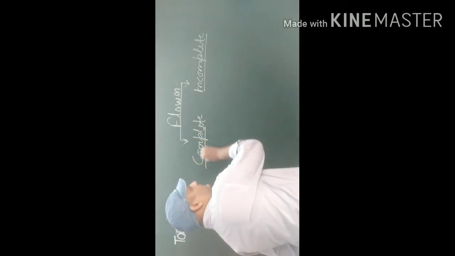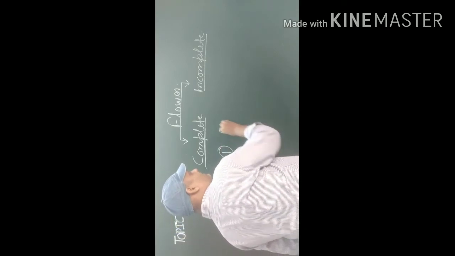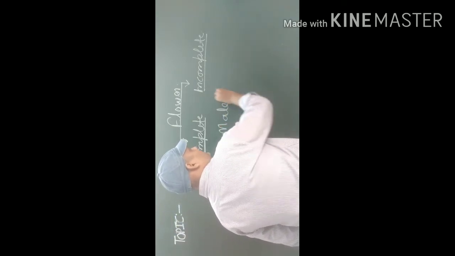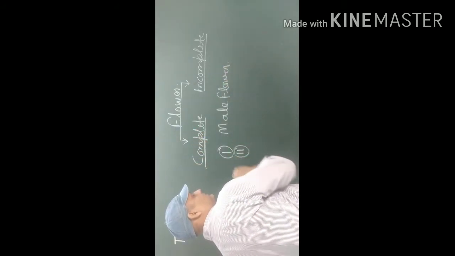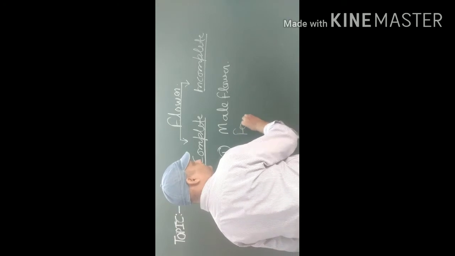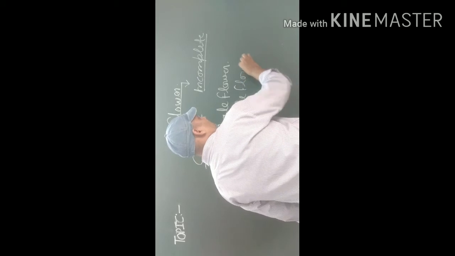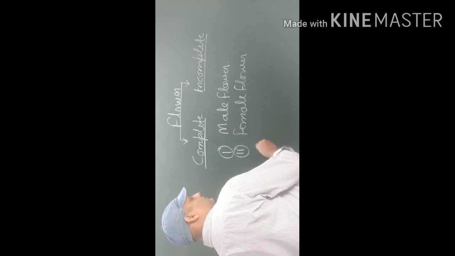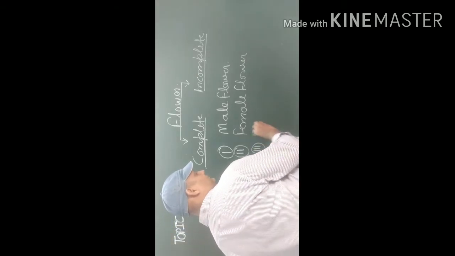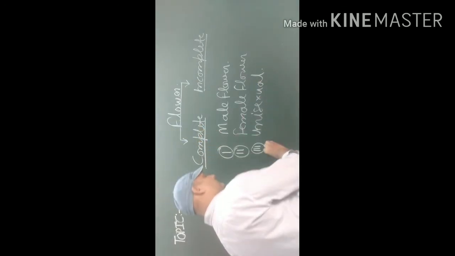Based on the reproductive organs, there are three types: male flower, female flower, unisexual, and bisexual.